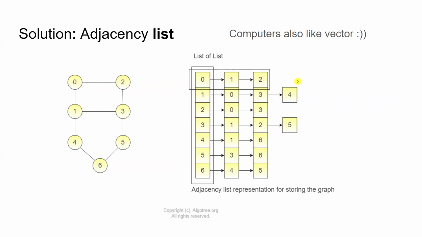That's how they compute the list. Same thing here: if you pick 1, it's connected to 0, 3, and 4. Then you continue doing that. 2 is connected to 0 and 3. That's how they make the adjacency list.